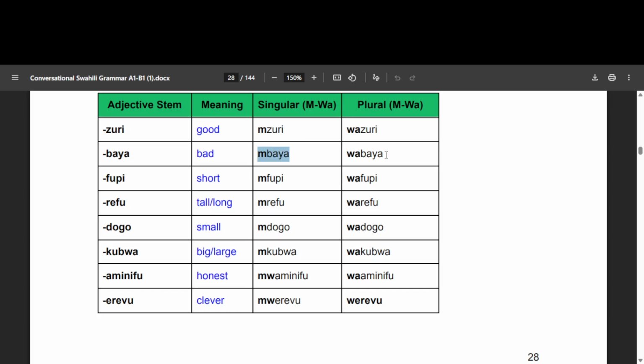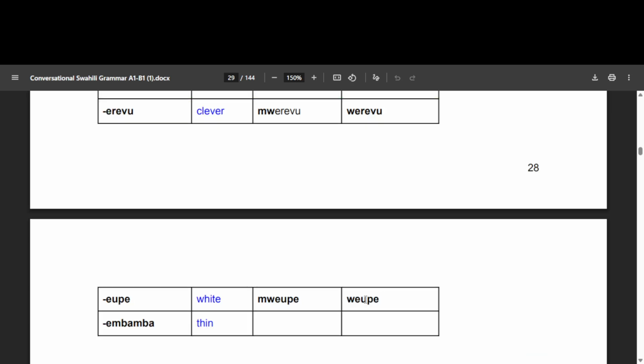Mtoto mbaya, watoto wabaya. Mtoto mfupi, watoto wafupi. Mtoto mrefu, watoto warefu. Mtoto mdogo, watoto wadogo. Mtoto mkubwa, watoto wakubwa. Mtoto mwaminifu, watoto waaminifu. Mtoto mwerevu, watoto werevu. Mtoto mweupe, watoto weupe. Mtoto mwembamba, watoto wembamba.